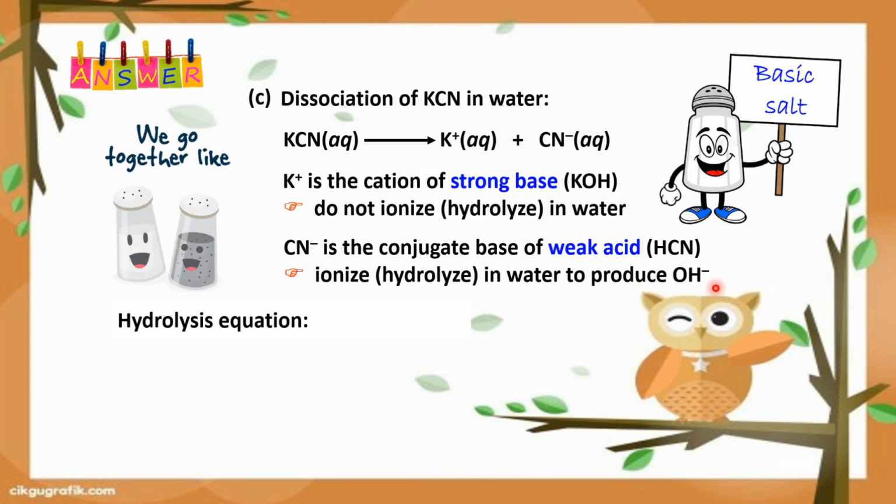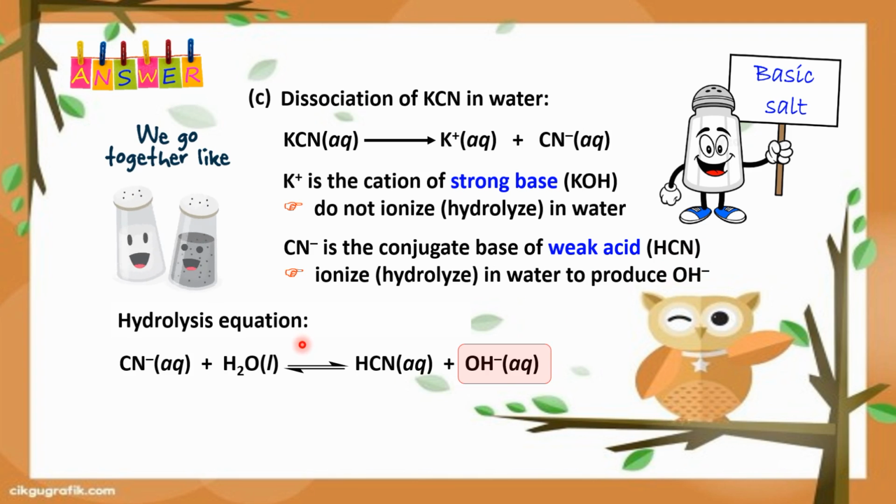Okay, next we have to write the hydrolysis equation. For the hydrolysis equation, CN minus ion will react as a weak base because it can accept a proton from H2O and form HCN and OH minus ion.